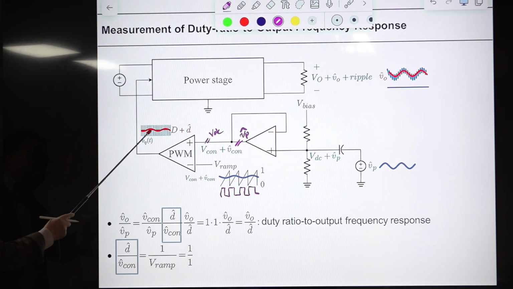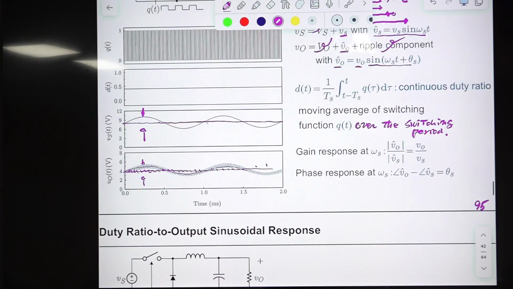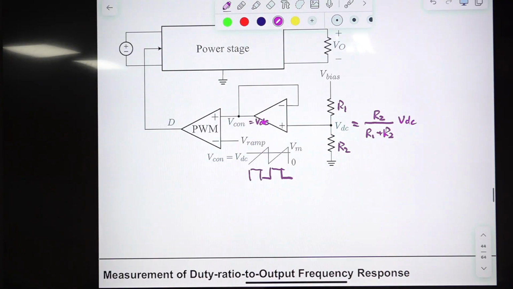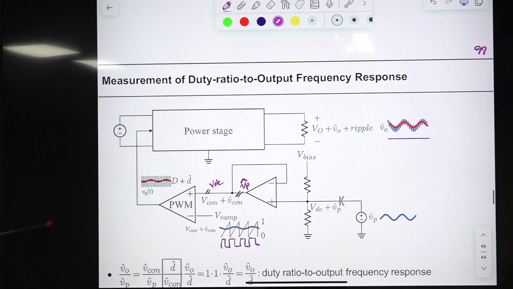And if you take the continuous duty ratio averaging process explained in the previous slide, then you will get this sinusoidal component. This red curve is the sinusoidal component, this black line is the DC component, and this is the actual cycle by cycle switch drive signal. This is the averaged version of it, D hat.